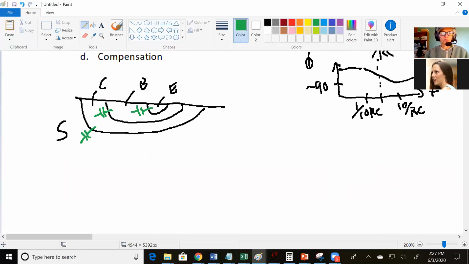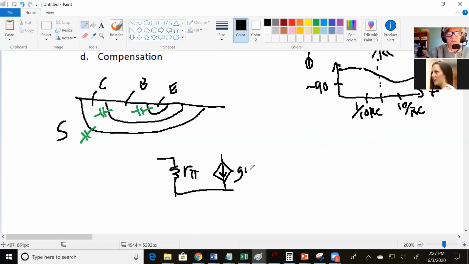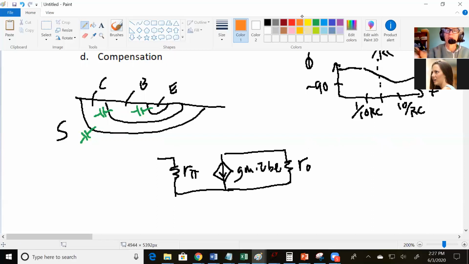So let me draw in the small signal model. So there's the small signal model. Now to make this useful to find poles and zeros, you need to add the capacitances in, and I'll add 1 in. Let's look at this first one.